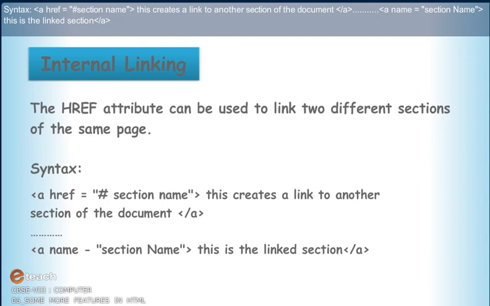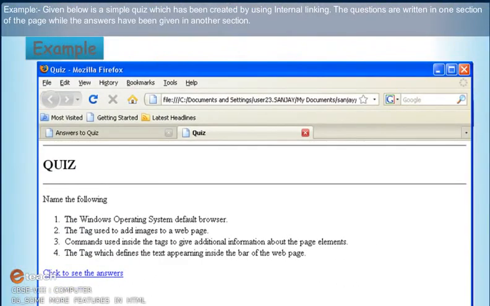Closed A tag. Open tag A name, section name, close tag. This is the linked section. Closed A tag. Example: given below is a simple quiz, which has been created by using internal linking.